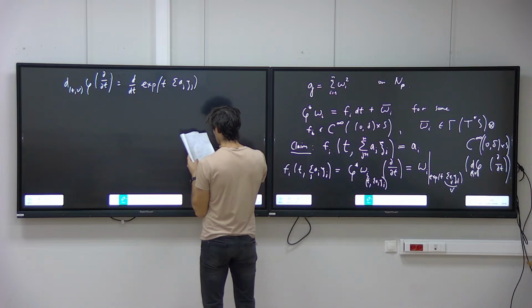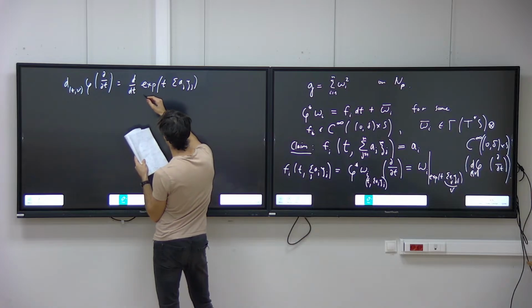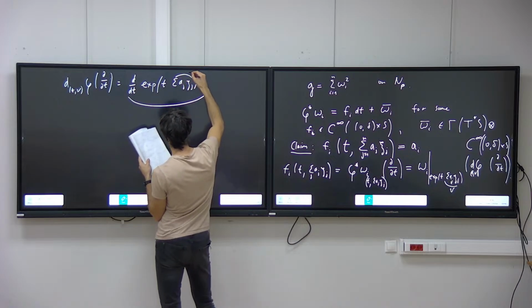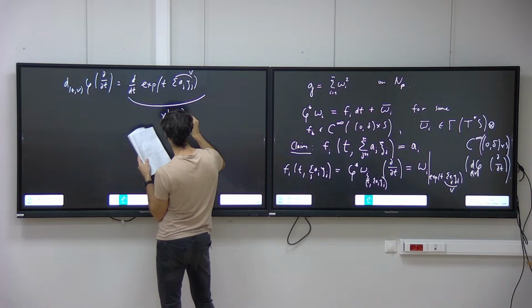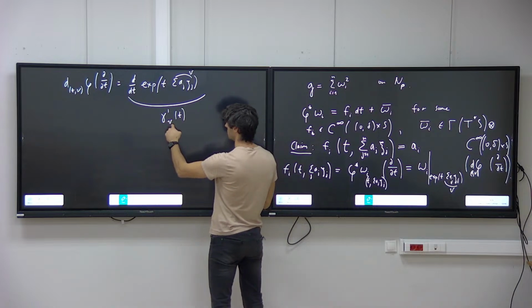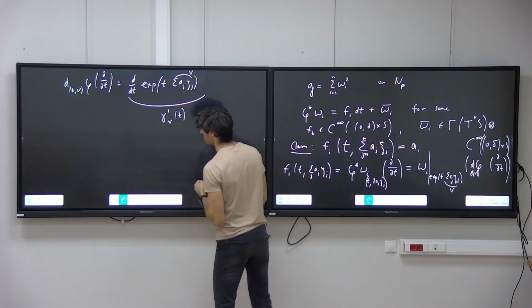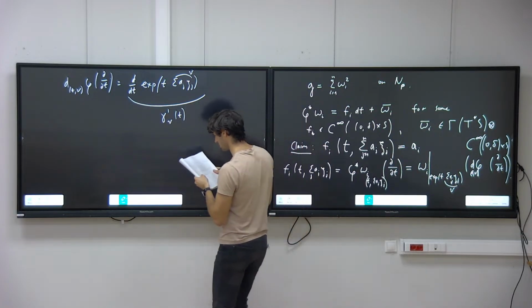So let me continue. So this guy is actually, in our definition, if this is V, then this guy is gamma prime V of t. This is the geodesic with tangent vector V at 0, and it's the derivative of this geodesic, the tangent vector at each point.